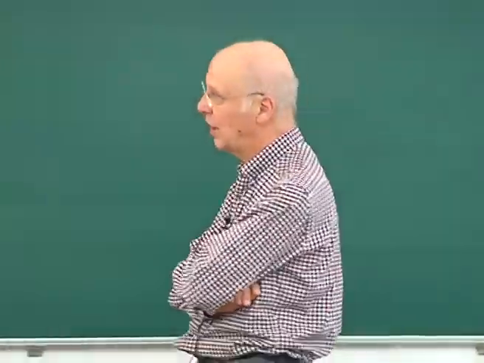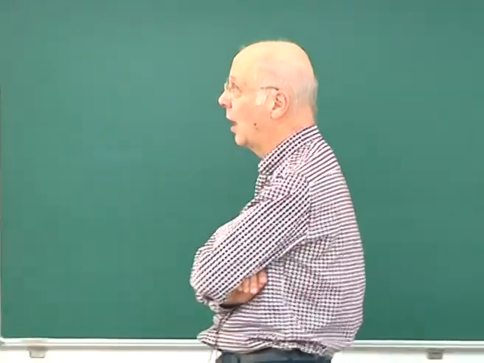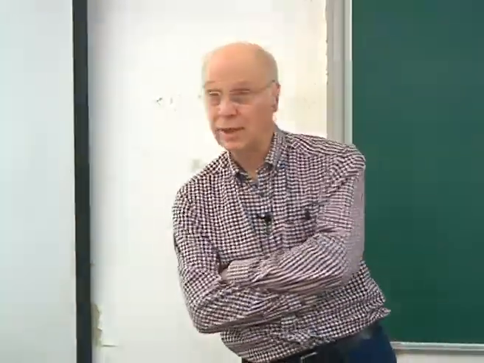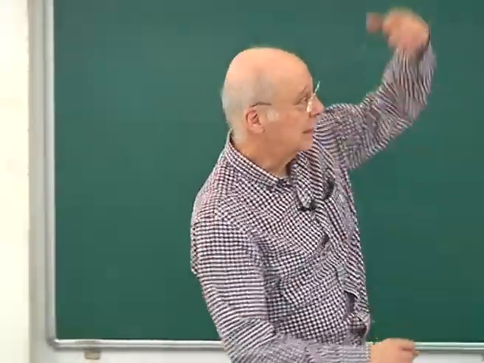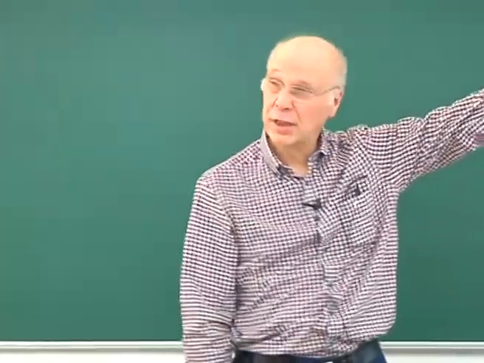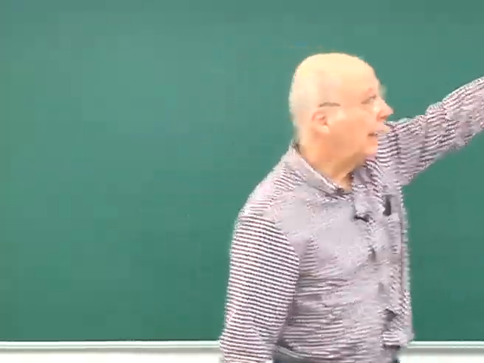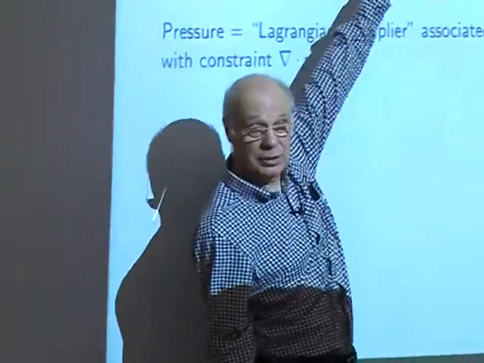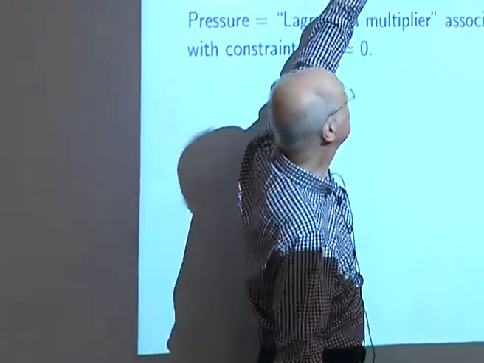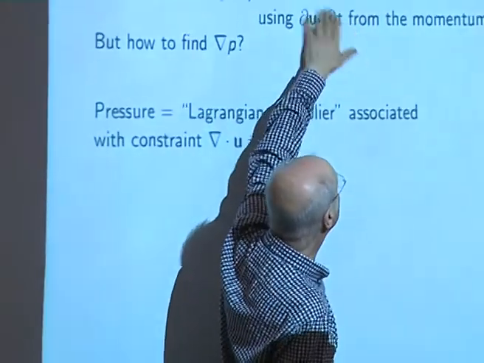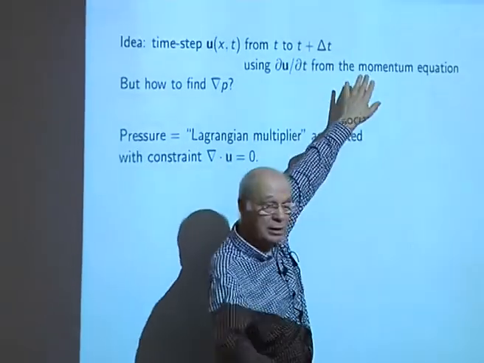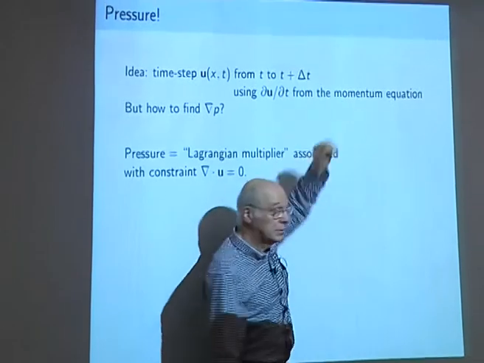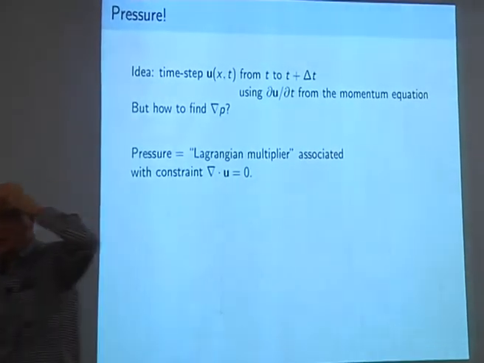The other approach is to say, I'm going to time step to the next time, and that velocity probably, while at time equals t, I'd arrange div u equals 0, incompressibility. If I just randomly step forward in time, forgetting about the pressure, then div u is not going to be equal to 0.